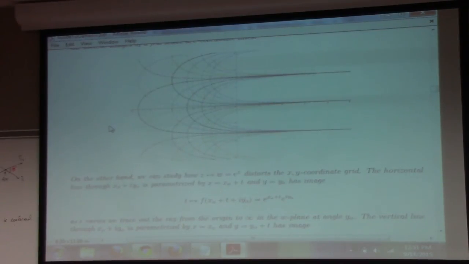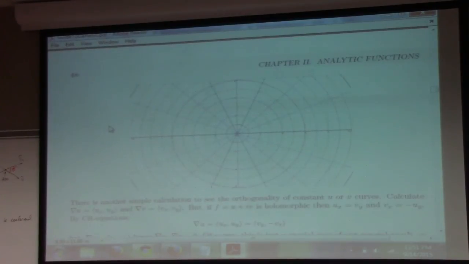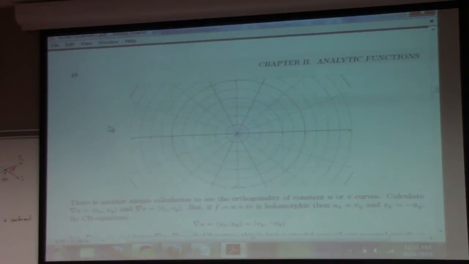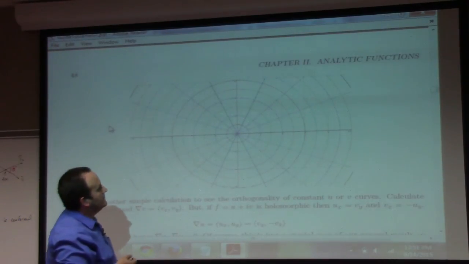And so, this next picture, I'm looking at the e to the z and what it maps the xy coordinate grid to. So the xy coordinate grid, of course, meets at right angles, right? When you look at its image under the exponential, you get this thing.